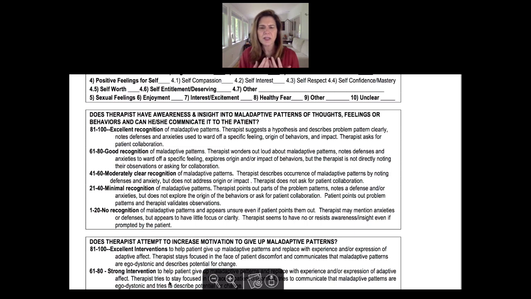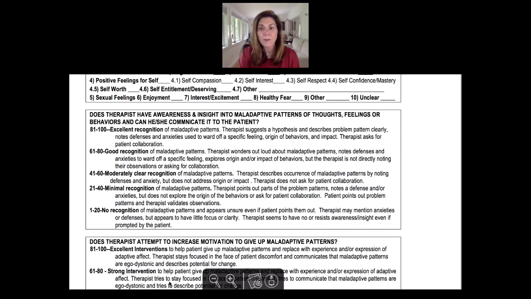So just keep in mind that your job as a therapist when working with defenses is to point them out gently, right? And then to also point out what the cost and benefits are, and to begin to help your patient understand that there's healthier ways to respond. And one way is through actually experiencing the affect that they're running away from so that they can relieve the anxiety and the defenses that are related with that affect.